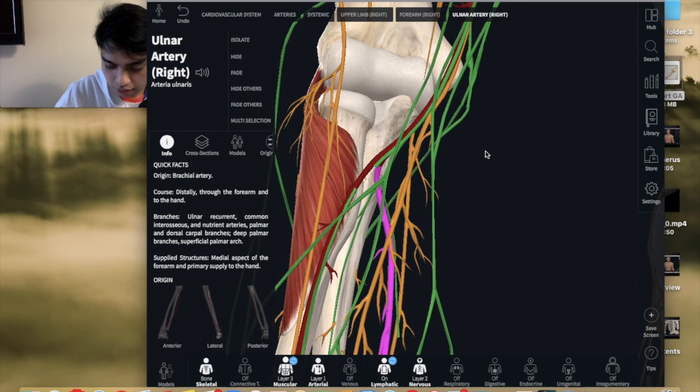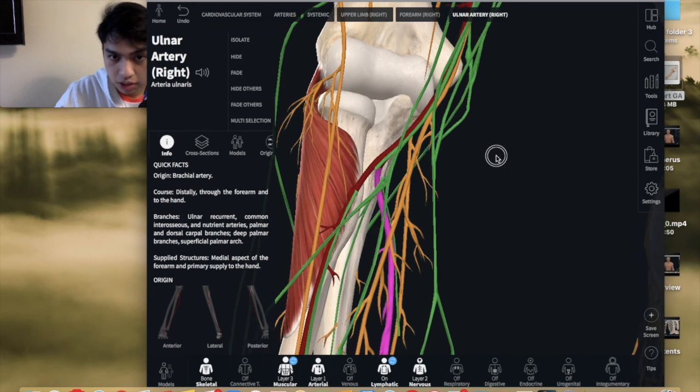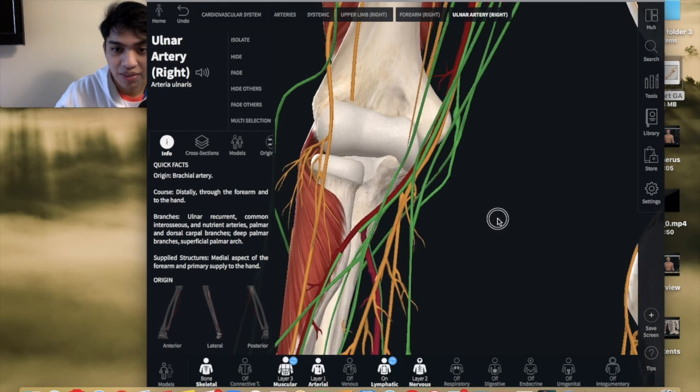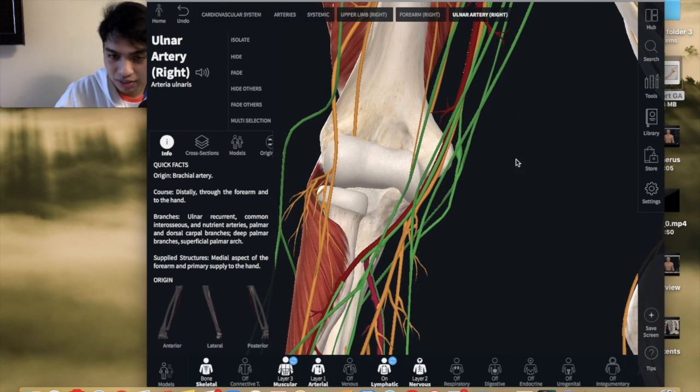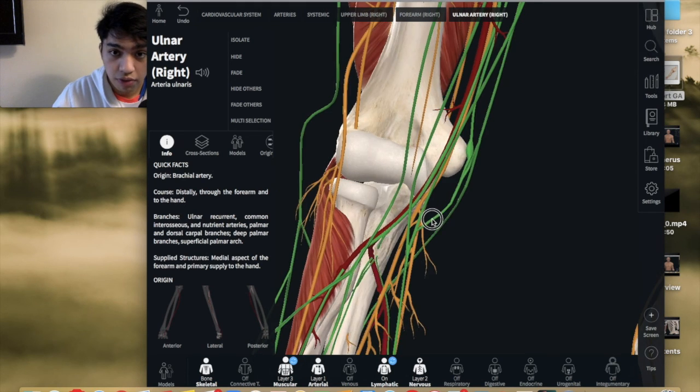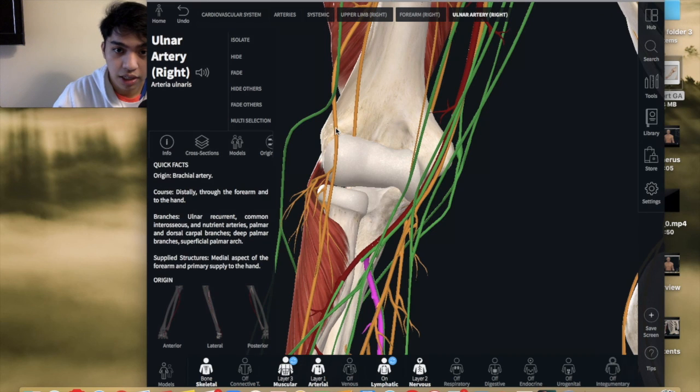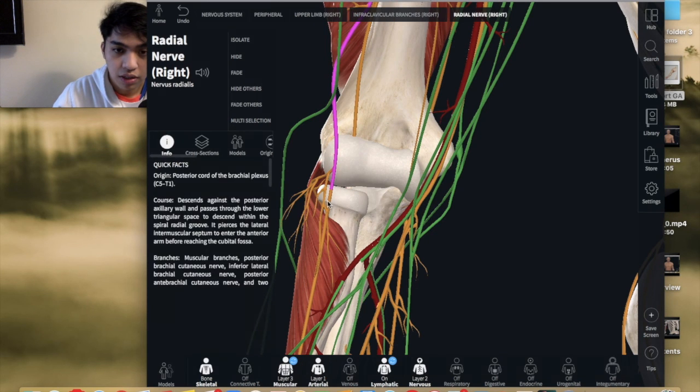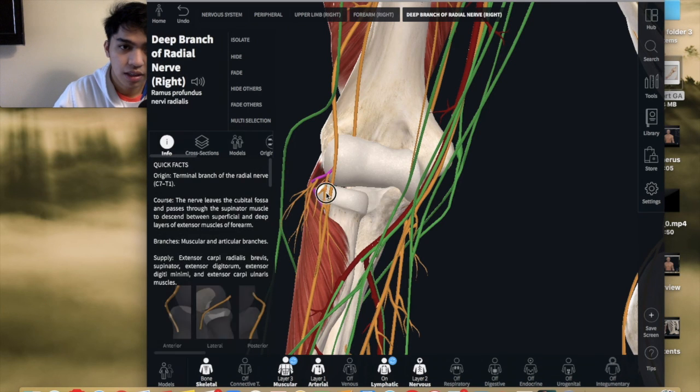And we also have the tendon of the biceps muscle. So I think wala siya dito. But if we go back to the PowerPoint, kasi malilito lang dito eh. As well as the radial nerve and the deep branches. Ito ang radial nerve. And ito yung deep branches niya. Yan.